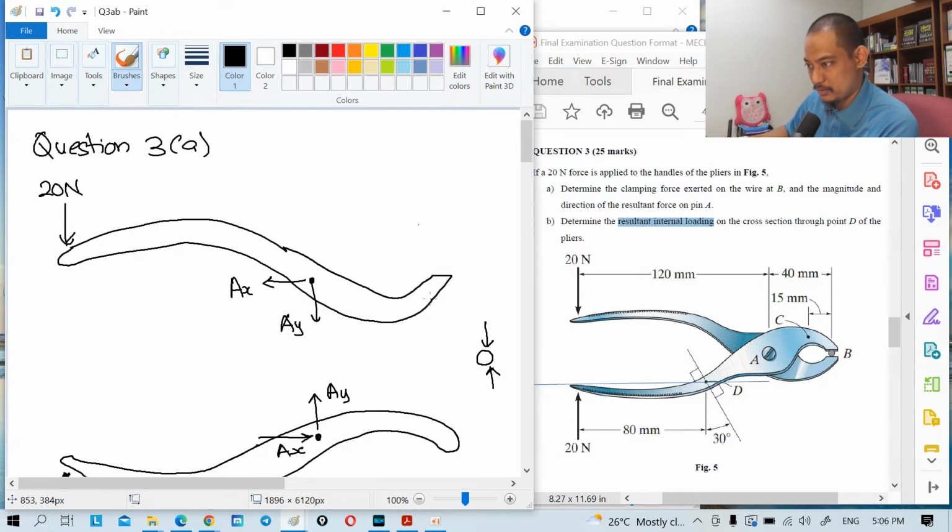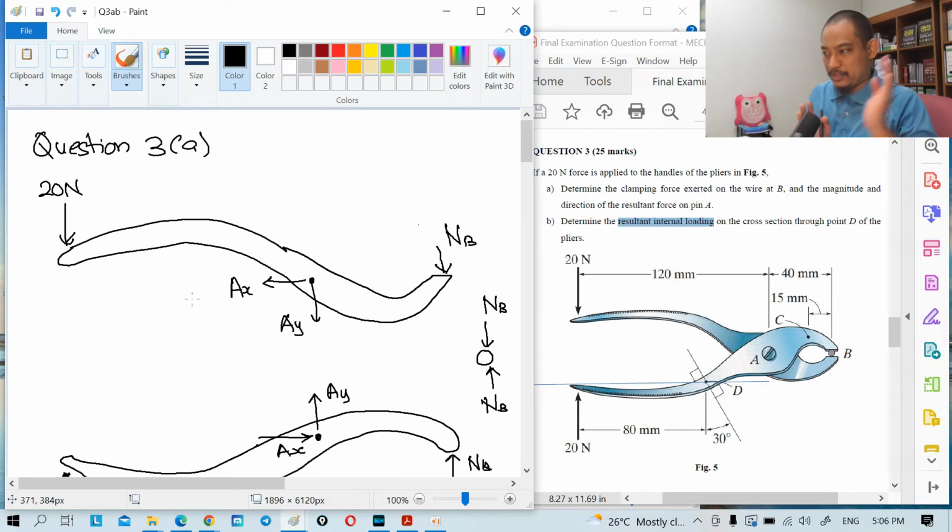Because this is the bottom one, correspondingly it will be like this. Let's call it NB. So this is NB. In this case it's identical for these two, because it's symmetrical, so we can just use one of the two. If I label this as free body diagram 1 and 2, we can use any one, the answer will be the same.